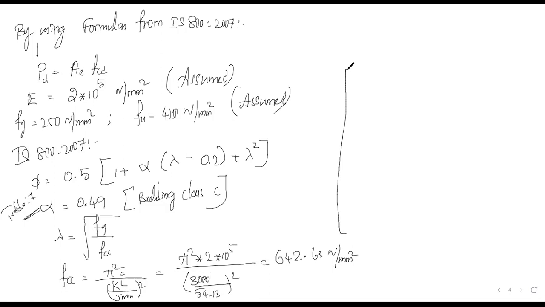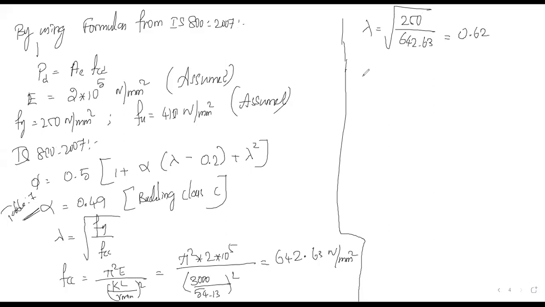Next, we have to find out the value of lambda. Lambda is equal to root under Fy value 250 and FCC is 642.63. Then it becomes 0.62.